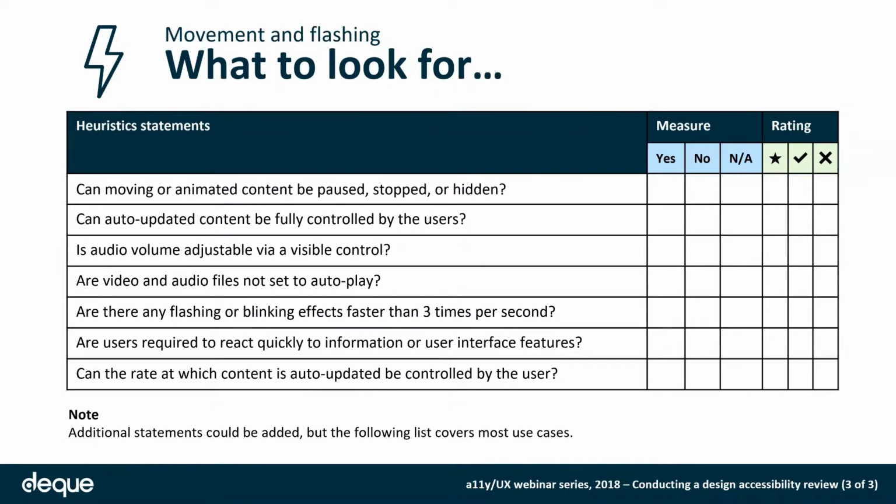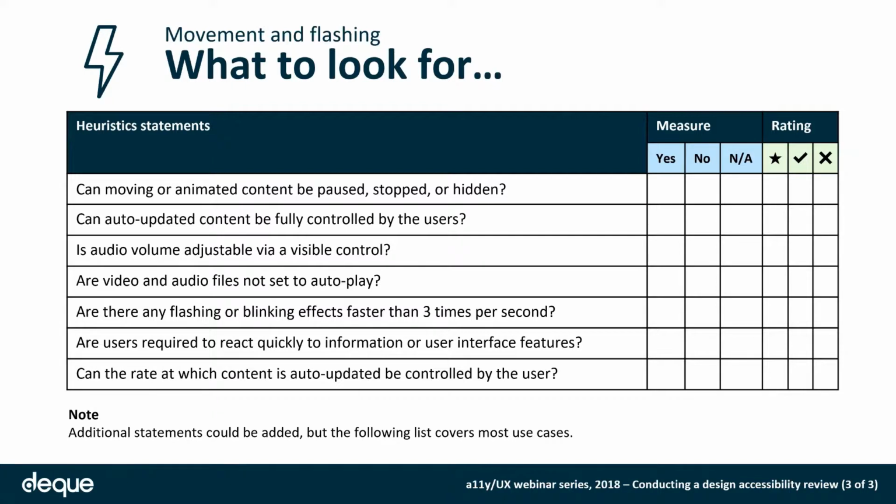It would affect anyone who has a cognitive disability, or who is prone to headaches or epileptic seizures. Not just them, even a screen reader user, or even if you by yourself want to read the content, if it is moving every 2 or 3 seconds, it would be really difficult to get through that content.